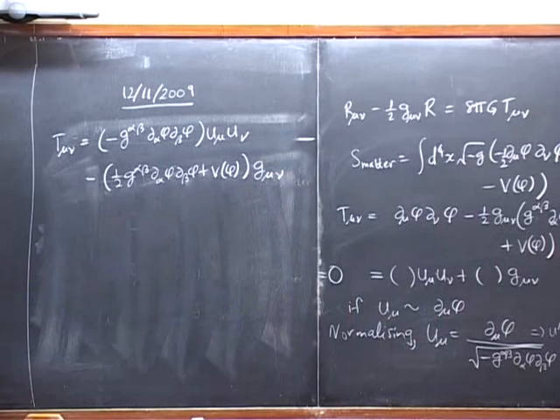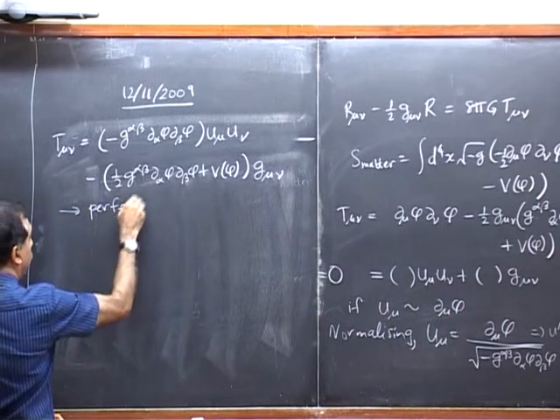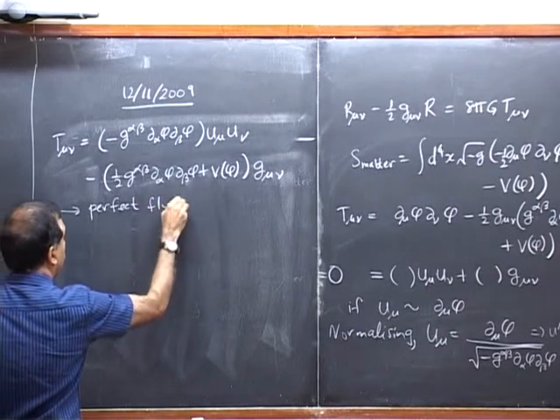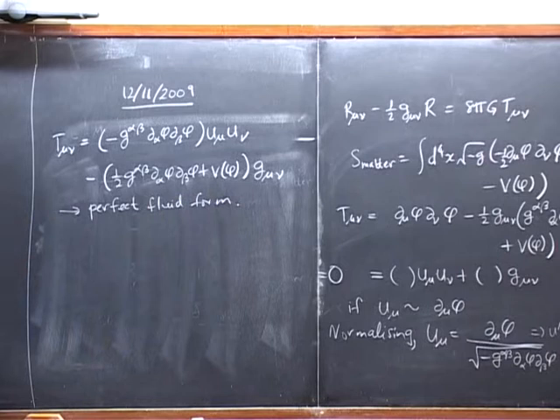So now I have the perfect fluid form. And the nice thing is, because of this, I can read off what would be the pressure and the density of the perfect fluid made up of this.